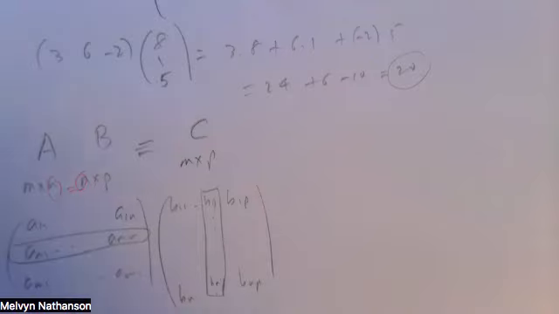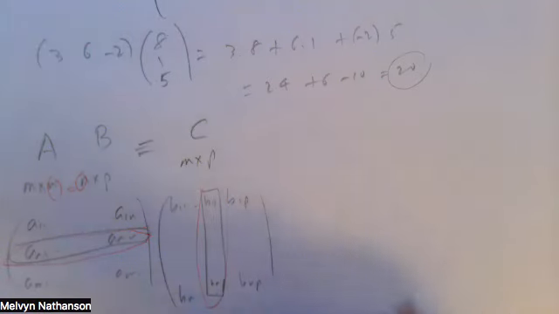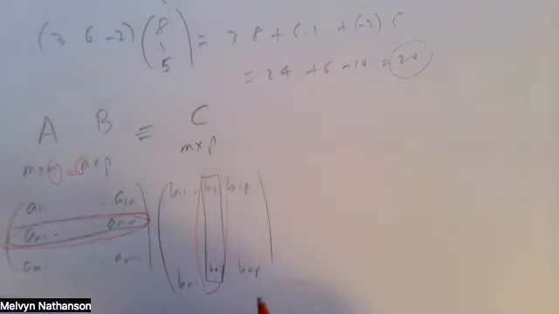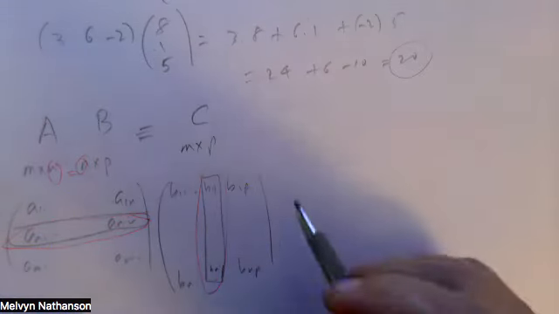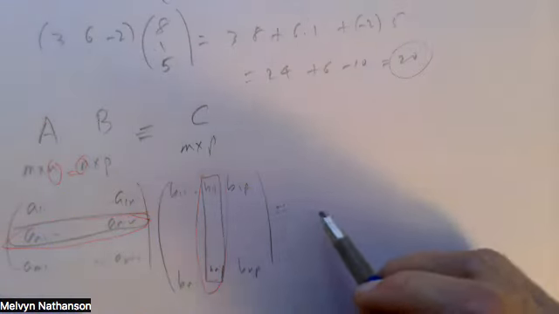And you have n scalars in every row I of A, the ith row. You have n scalars in every column, the jth column, for J going from 1 up to P. And you can multiply this row into this column, and you get this matrix.